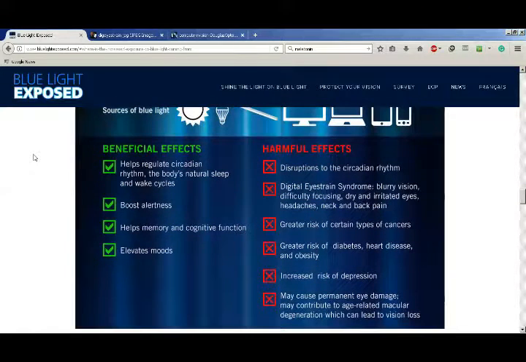But here are some of the harmful effects of the unnatural blue light that we see in our everyday digital devices. It says disruptions to the circadian rhythm. So the blue light is able to disrupt your body's natural rhythm.